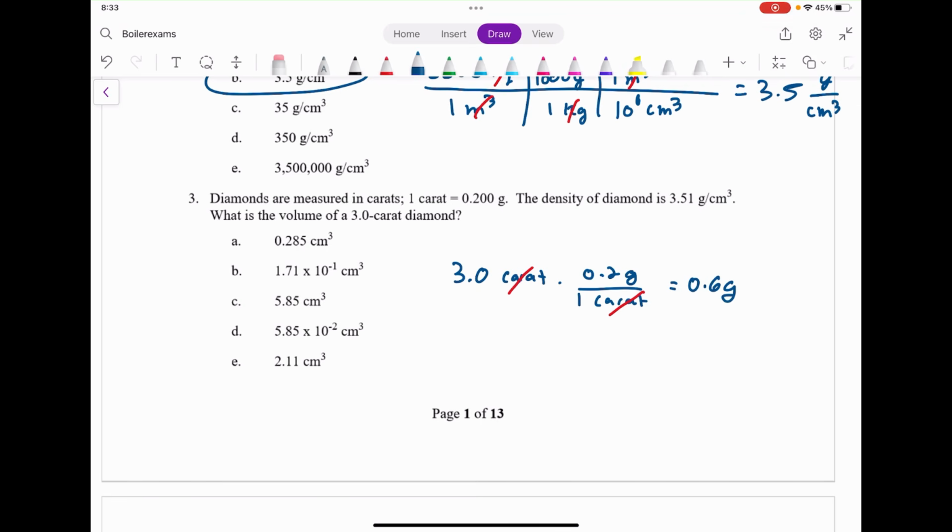And then we know we have another conversion factor of the density, which is 3.51 grams in 1 centimeter cubed. So I put grams on the bottom so that those cancel. 0.6 divided by 3.51, you get 0.171 centimeter cubed. That's a 3. Okay. And that is this one.